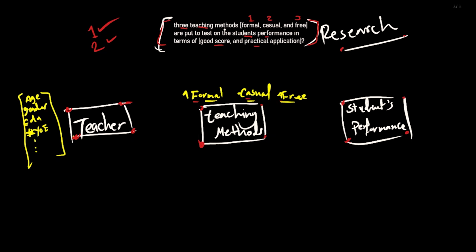You could see it as a vector of elements that I just assumed, all of which quantify the element of a teacher. The second thing I have to do is to quantify these teaching methods: the formal, the casual, and the free. How to quantify them? For example, I can look at certain elements. If there is a specific book, only one is used, and there is regular homework to be delivered, and there are regular tests or quizzes, etc. If those elements are met, that means it is a formal way of teaching.